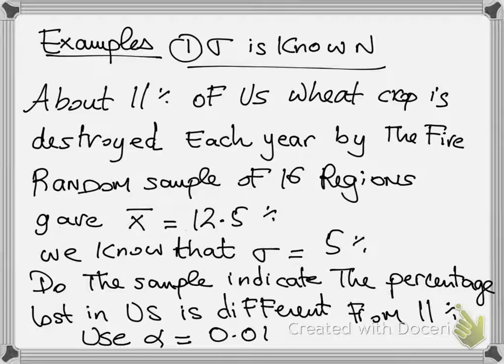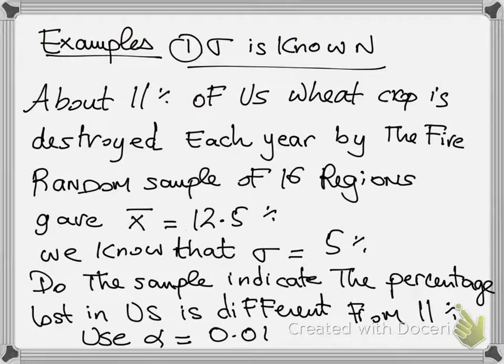So in this problem, we know that the average percentage of US wheat crop destroyed by the fires is 11%, right? That's our prior information. So first step, let's state H0. What's H0 in this problem?